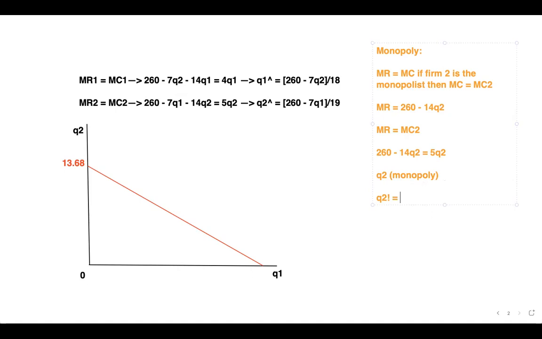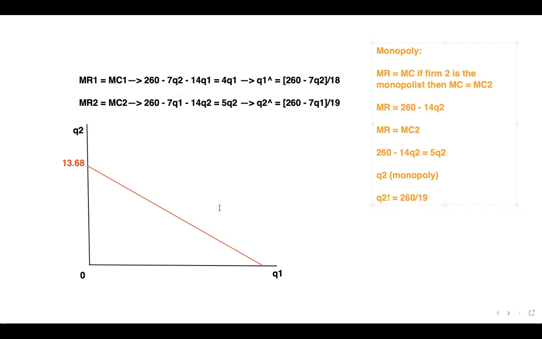And sure enough, it's going to be 260 divided by 19. Do you see what I did, Michael and Andres? Yeah. And so the 260 divided by 19 is exactly the intercept of our reaction function for firm 2, right?